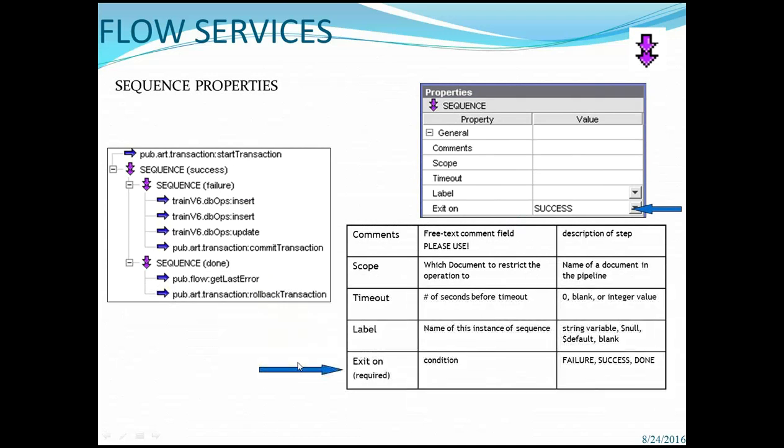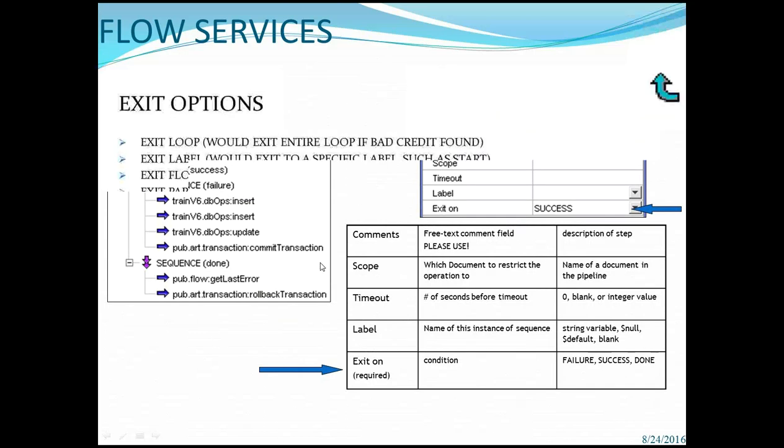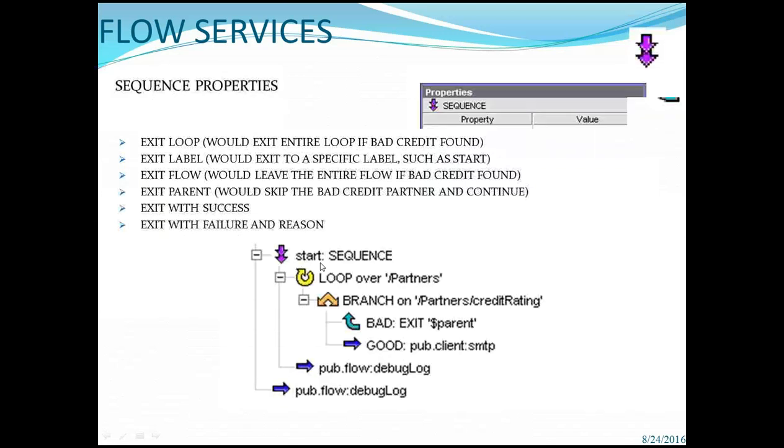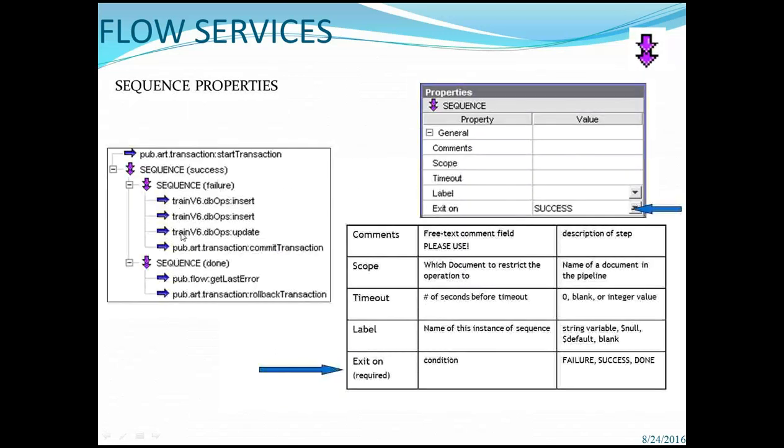So this condition may be failure, success, or done. Exit on. Okay, we'll come to exit next. One more important thing in the sequence: you now know success, failure, and done.